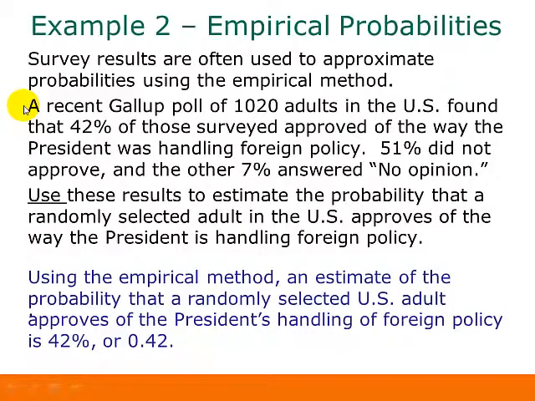So this poll would have had 1,020 trials of that experiment, and we're using the results from those 1,020 trials to predict what would happen if we randomly selected another individual with those same characteristics of being a United States adult and asked them the same question. And we're using this to predict what their response would be.